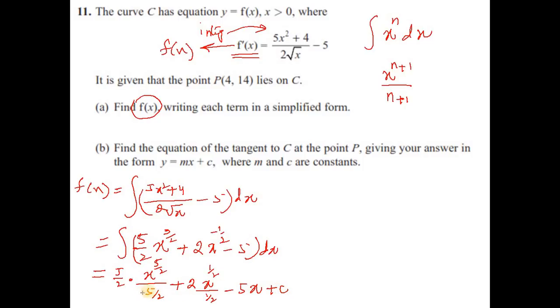So this 5 by 2 and 5 by 2 cancel, and this 2 goes up and multiplies with this 2 and becomes 4.